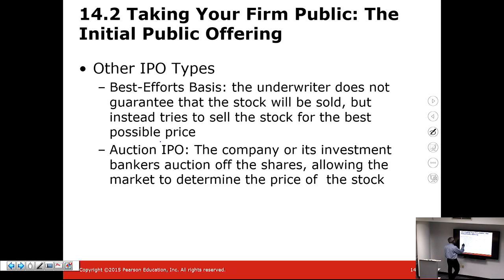Other IPO efforts include things like best efforts, where there is no guarantee. The key is it does not guarantee that the stock will be sold, but instead it simply says it will make its best effort. And then whatever they sell it at, they keep their underwriter's discount, and then they return the rest of the money to the firm.